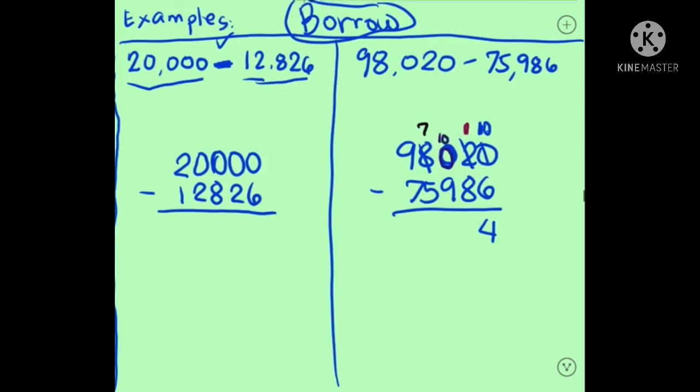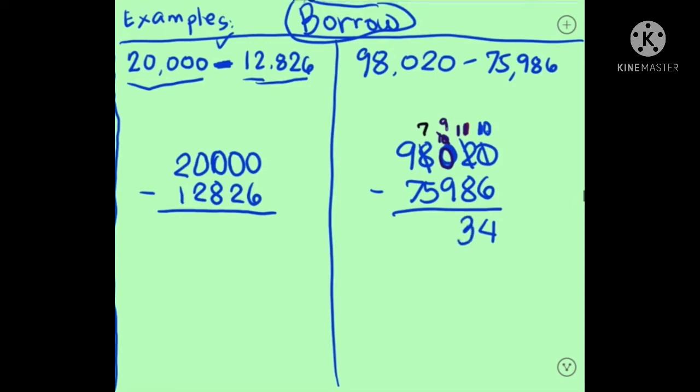And then, since this one is our problem, we will borrow from 10, so it will become 9. And 1 will become 11. It's because 10 plus 1 is 11. Now, we have here 11 minus 8. 11 minus 8 is 3.